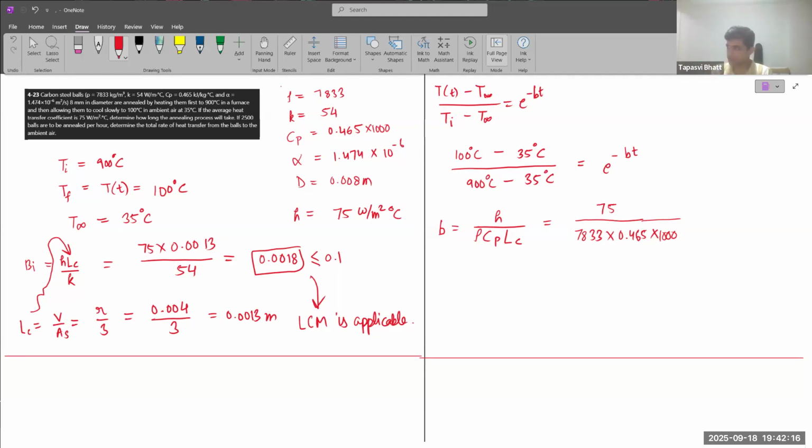It doesn't make sense. So I looked back at the question and it said CP is 0.465 kilojoules per kg degree Celsius, and that's what brought me to multiplying it by 1000. What is Lc? Lc is 0.0018. If you calculate, you'll get the value of b as, what do I have here?